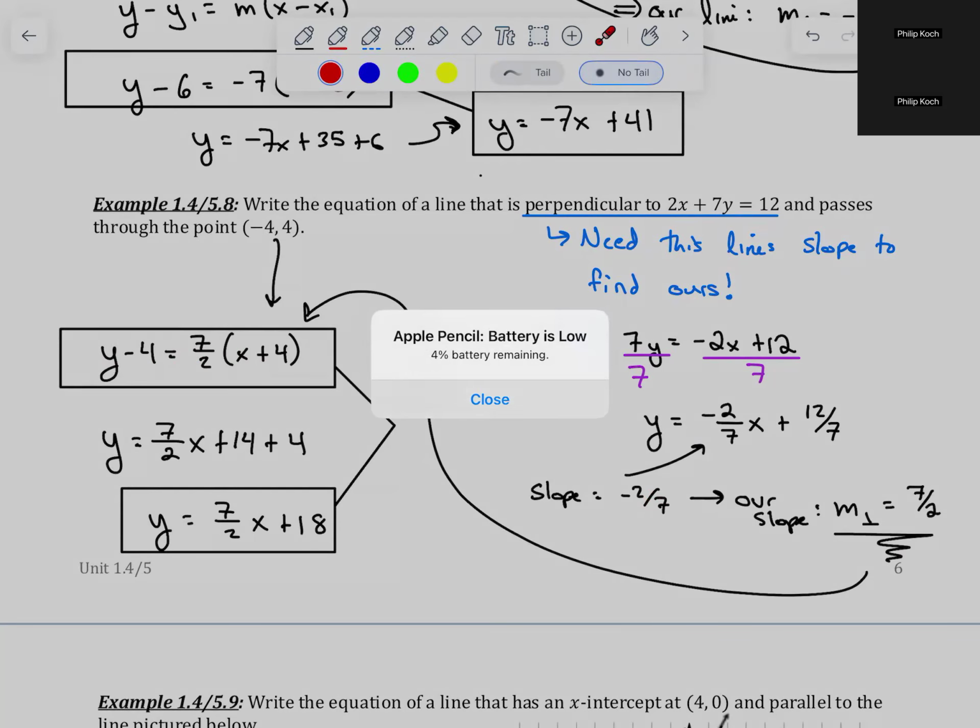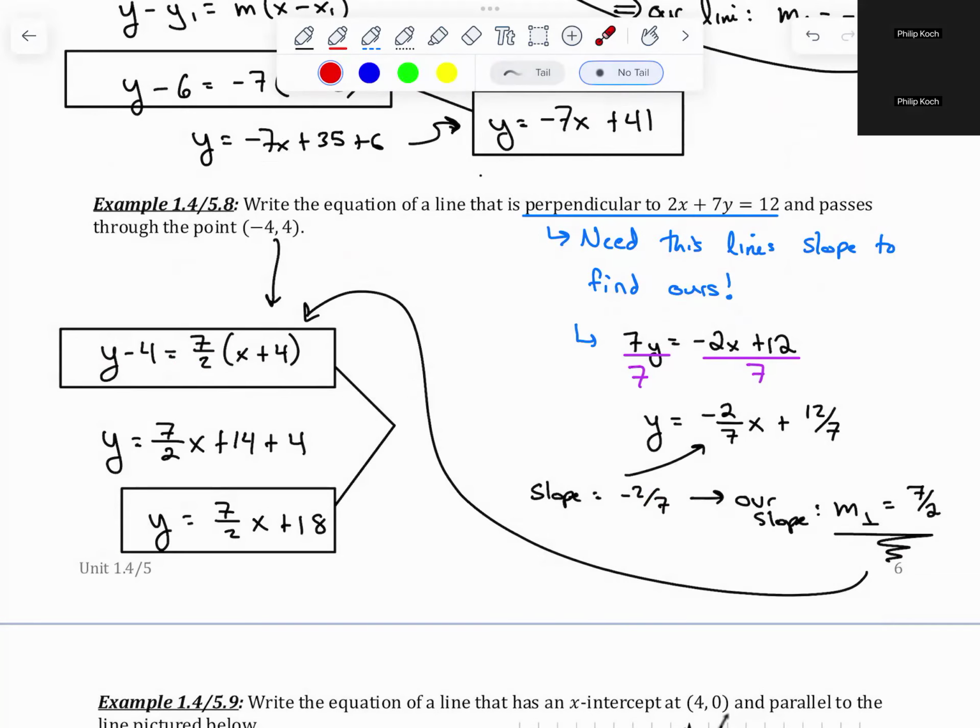Yes, I'm aware that it's basically dead. It's like 7 years old. So, any questions? What kind of pencil is it? That's an Apple Pencil. I got it for Christmas like 7 years ago. I think I got a charger if you want. Oh no, it's fine. My wife told me a long time ago that I can charge it with my phone.